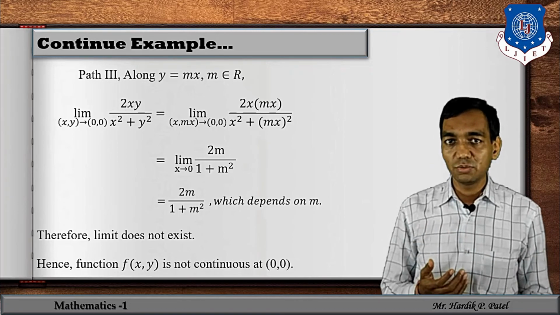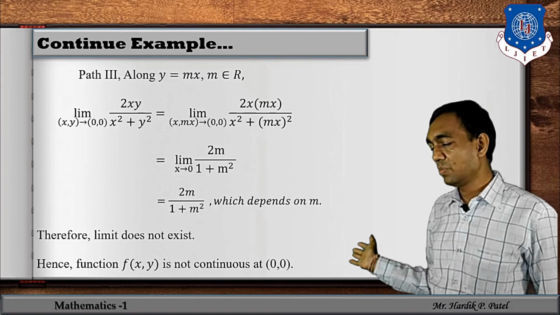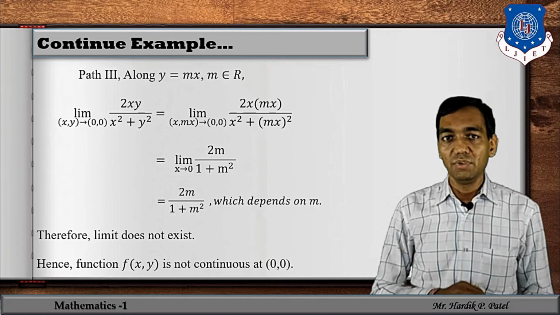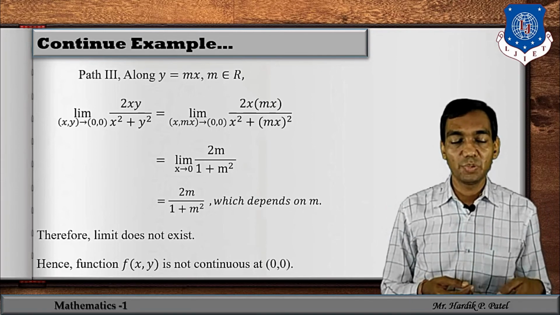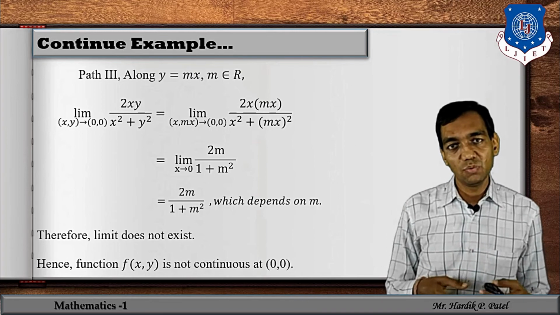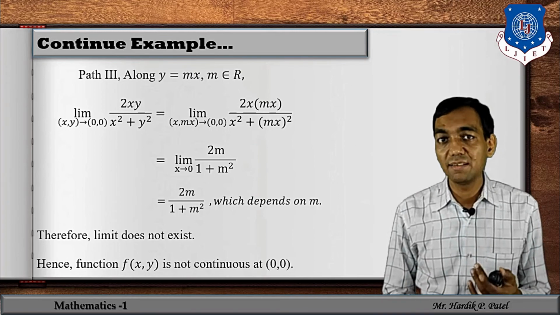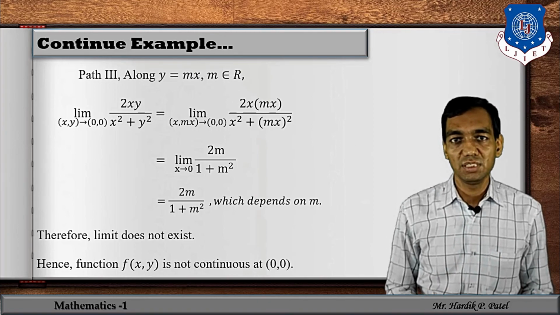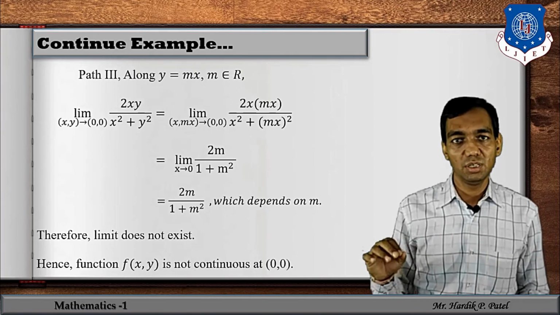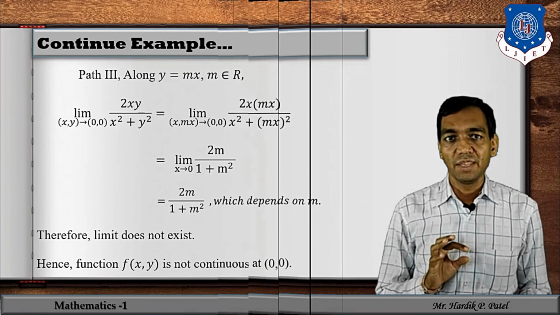Since there is no x, your answer is in the form of 2m upon 1 plus m square, which depends on m. That means if you substitute different values of m, then you will have a different limit. That's why this limit does not exist, and the limit does not exist at the origin. Therefore, your function is not continuous at the origin.